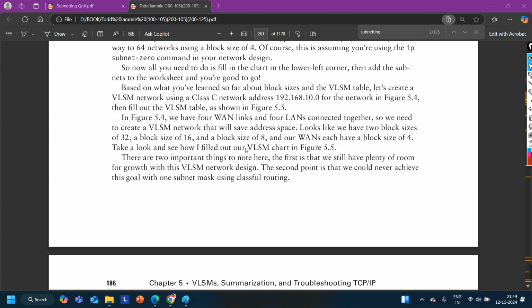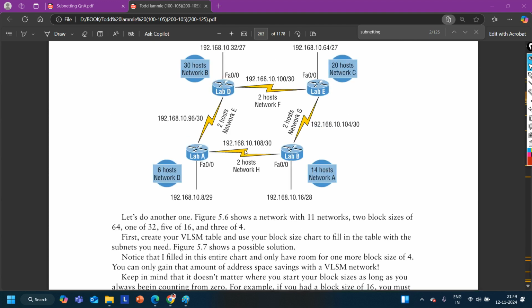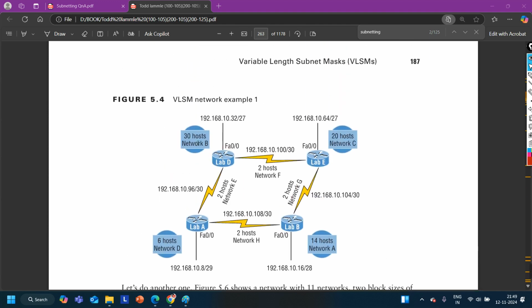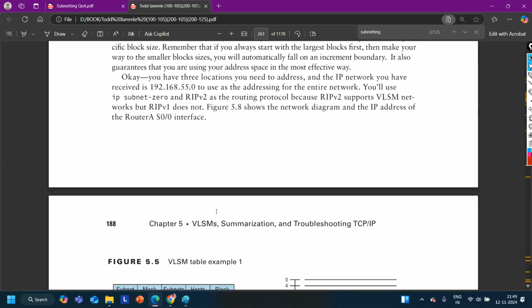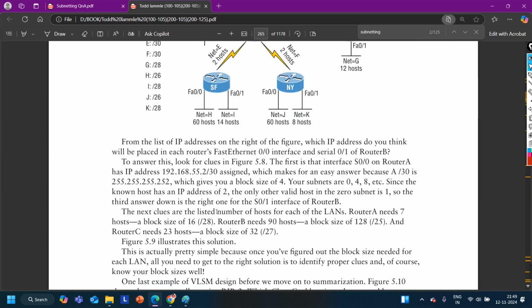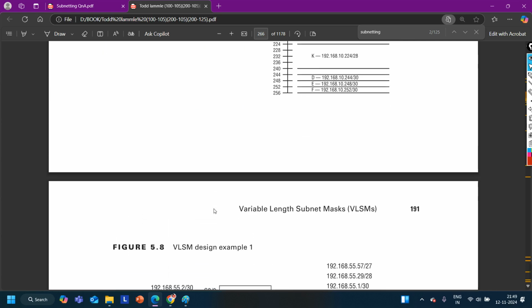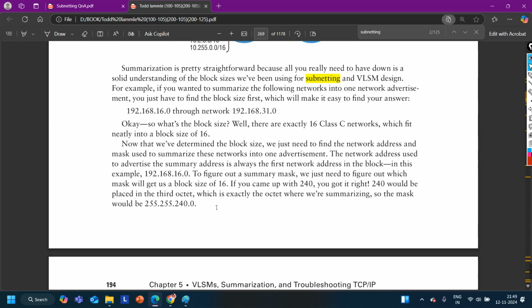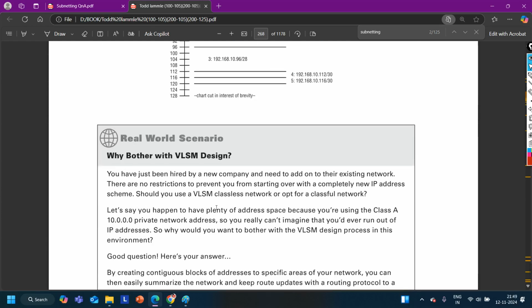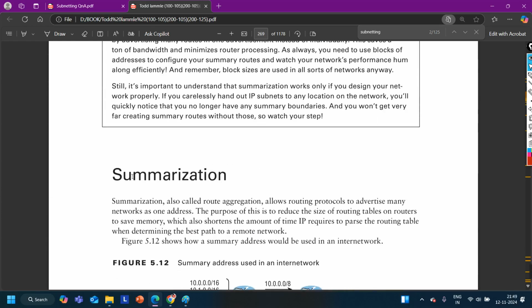Then VLSM. Just go through it and see the departments. Here you need 30 hosts, here you need 20 hosts, here you need 6 hosts, here you need 14 hosts. Whenever the length of the subnet is variable, we have to apply VLSM. So these are the concepts.